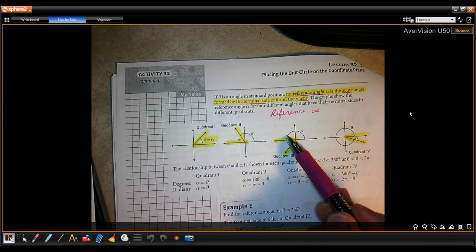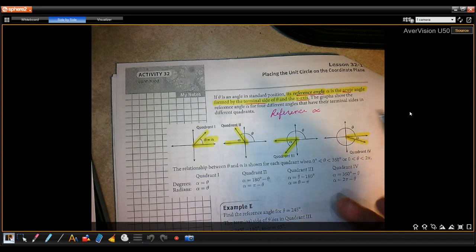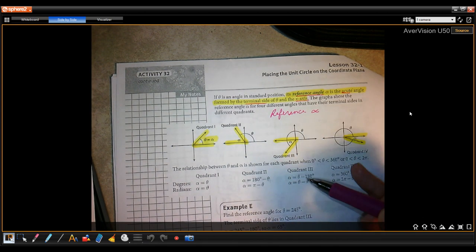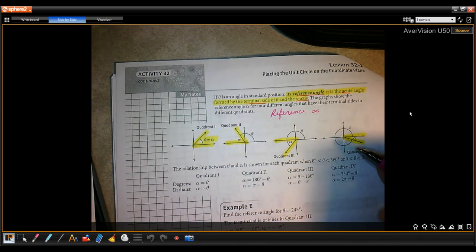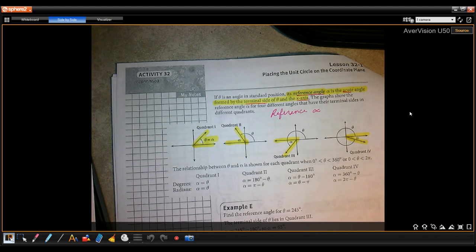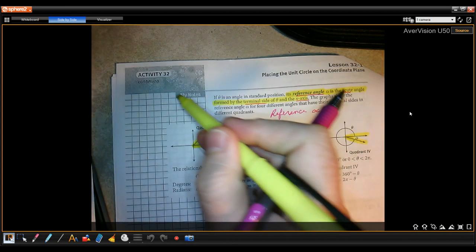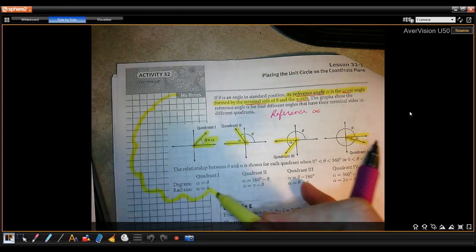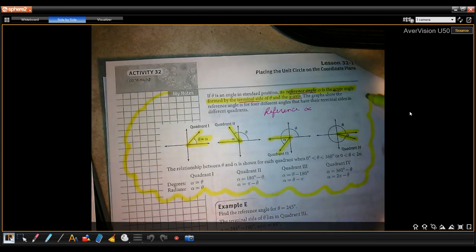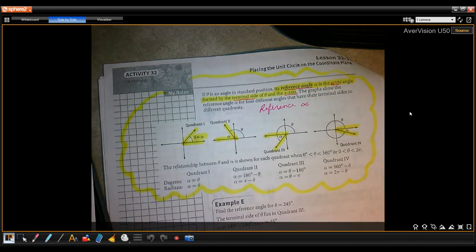Here it's 180 plus whatever you get right there. That's how I do it. Or they say theta minus pi. This one, the whole circle is 360, so if you go 360 minus theta, that will give you alpha as well. So here is a little chart you can reference until you get better at it.